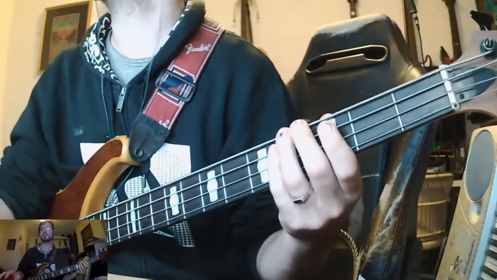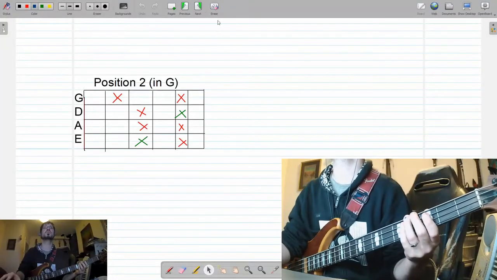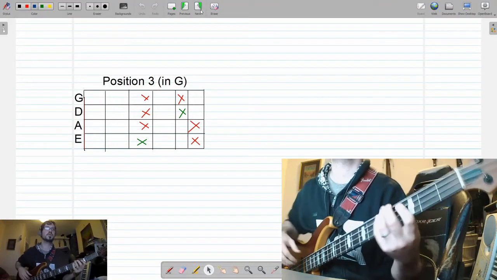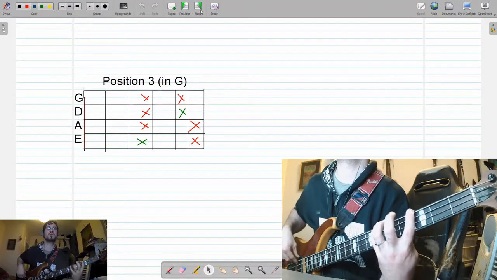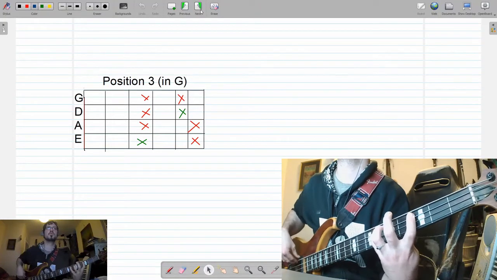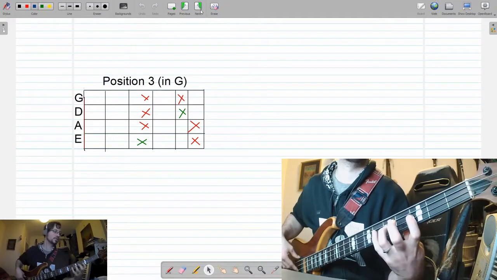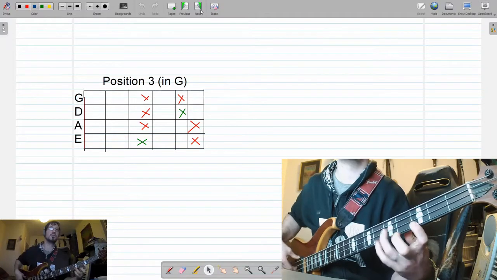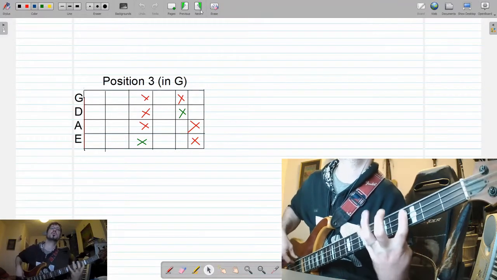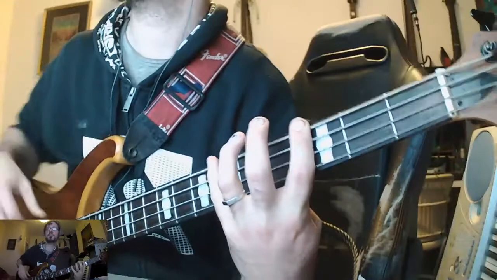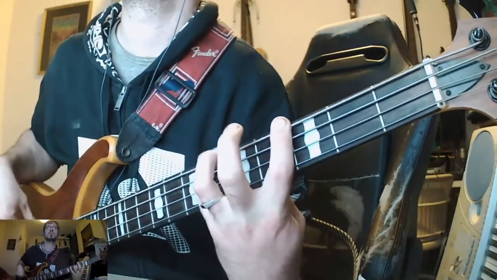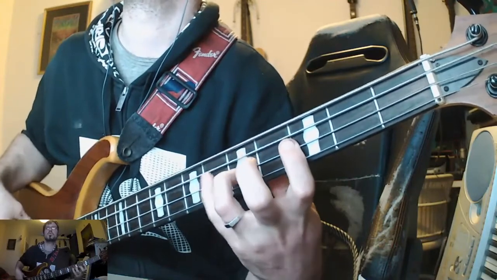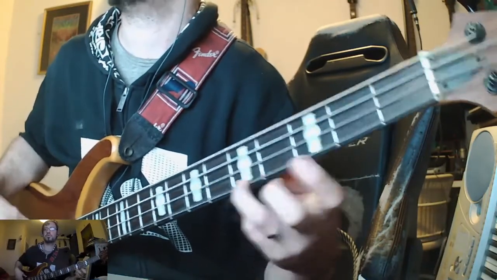And then the next scale we're looking at, the 3rd position, so we're going to do it in G, is root, minor 3rd, 4th, minor 6th, flat 7th, octave. Let's get used to that.